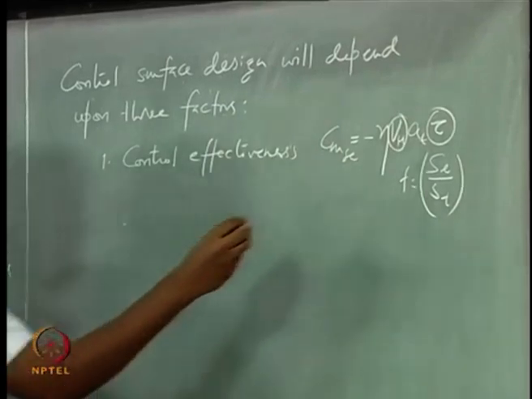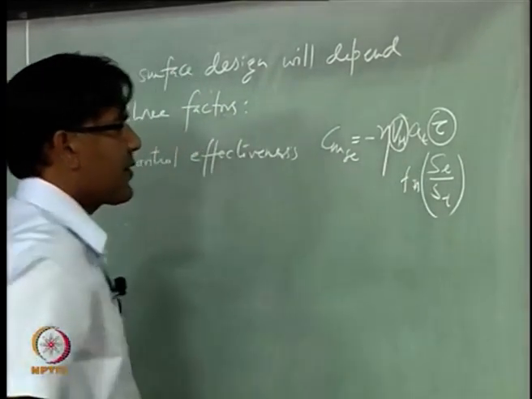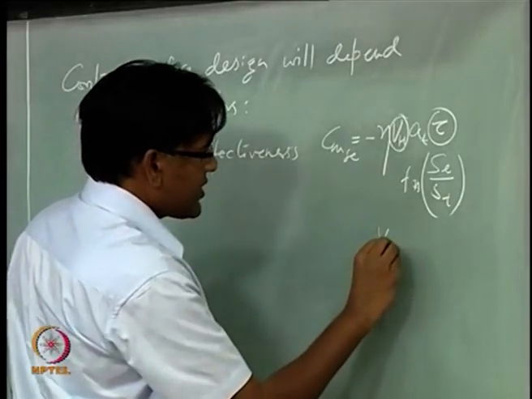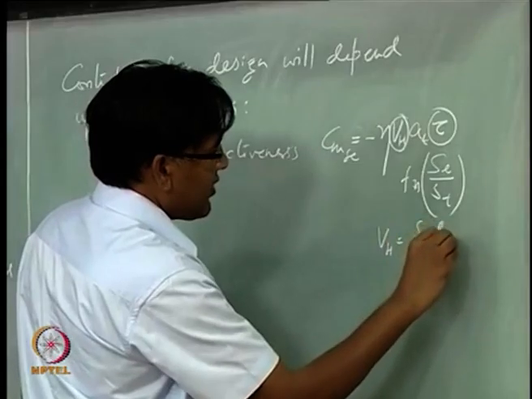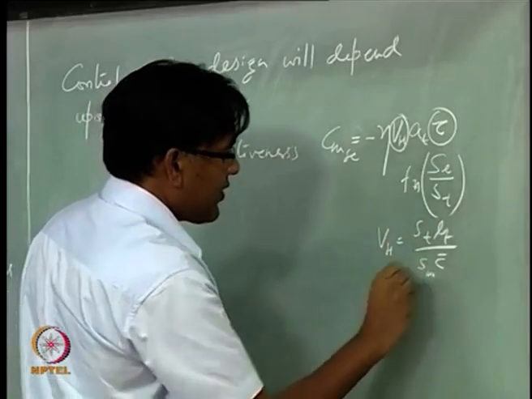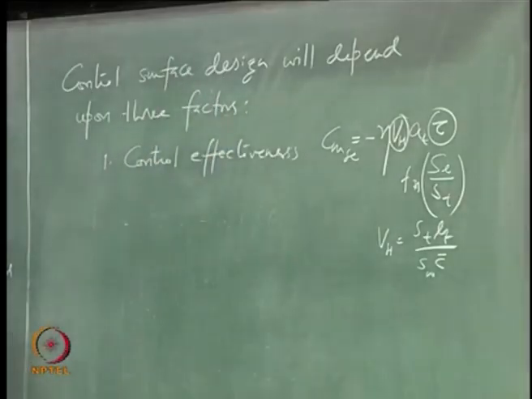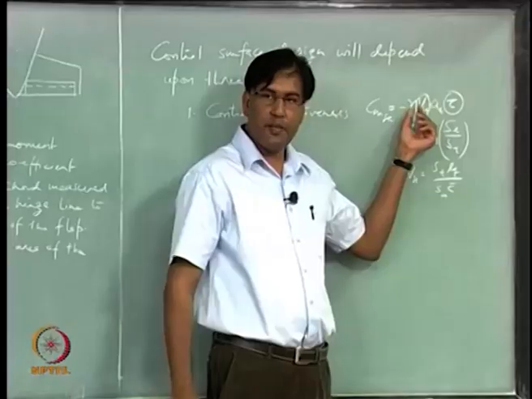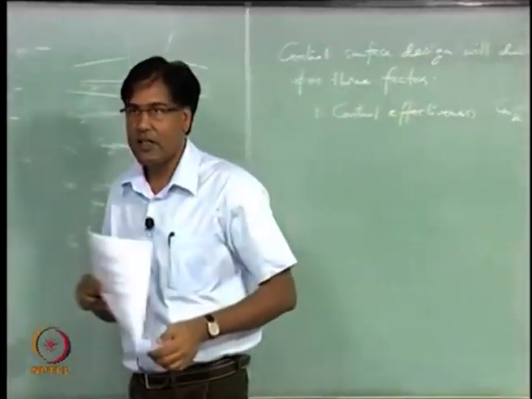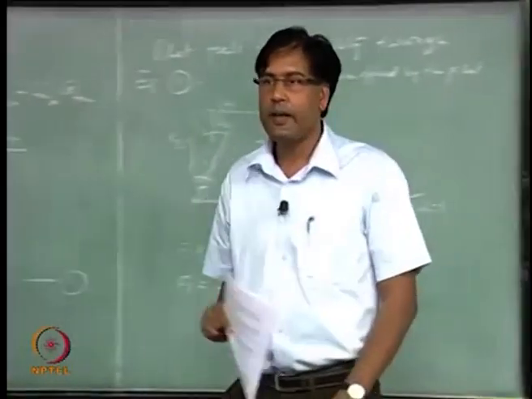Okay. V_h is what? V_h is this. So, you have some parameters which you can adjust, but you remember when we were talking about stability, there also we said that we can use these parameters to change the stability characteristic, right.